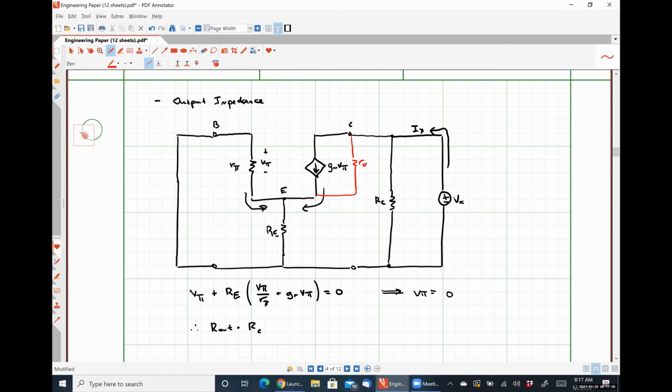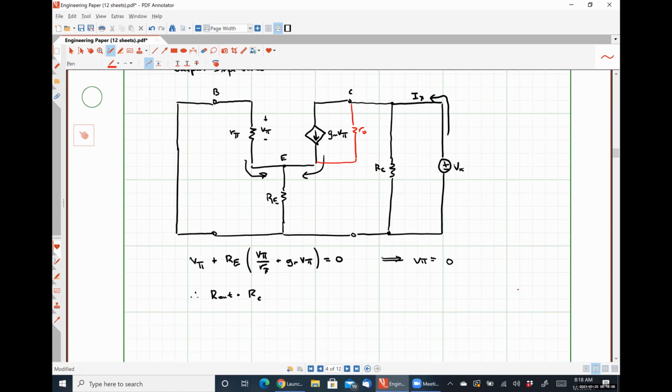And so we would have some bypass of that current source, right? We know that GM times V pi would still be equal to 0, but we would see that R naught is in series with the parallel combination of R pi and RE. So it messes things up a little bit there.